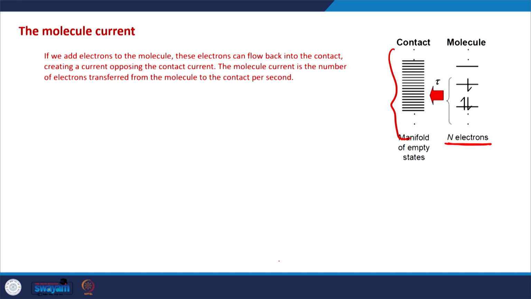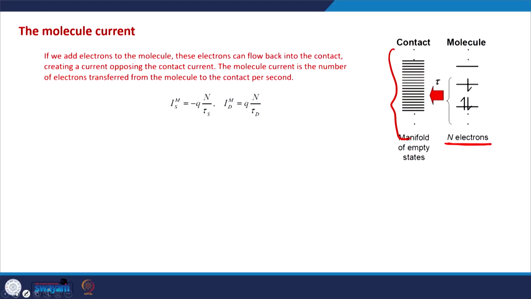So there might be a component of current because of the electron transfer from the molecule to the contact. This is termed the molecule current.